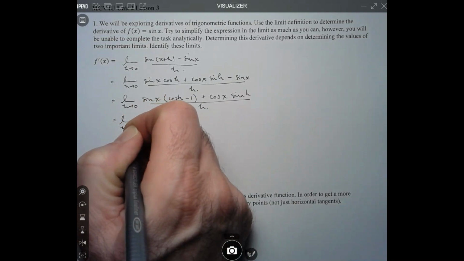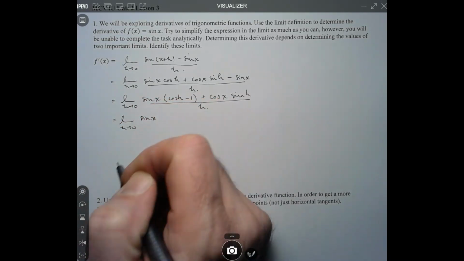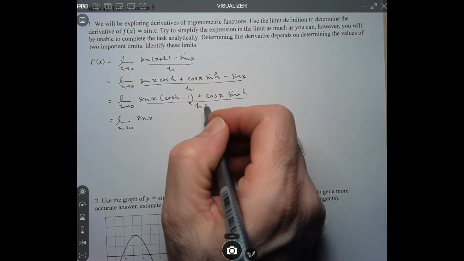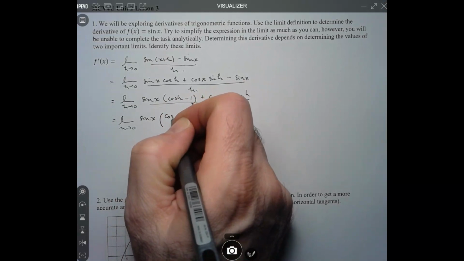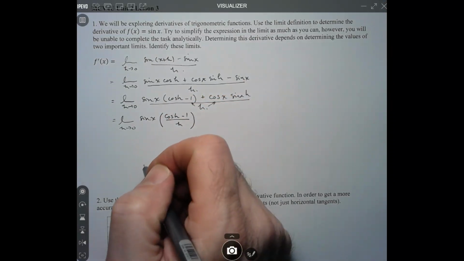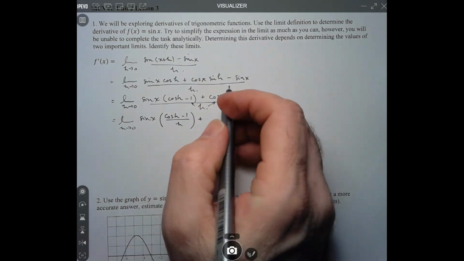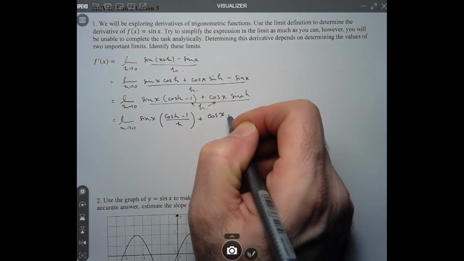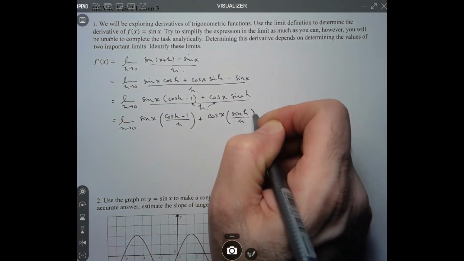So I have the limit as h approaches 0. I'll keep this sine x, and I'll just distribute that division to both terms. Here I can write cos h minus 1 all over h. Remember, this is like sine x over 1, so that should be correct. And here, same thing, I'll keep the cos x apart, and I'll write sine h over h.